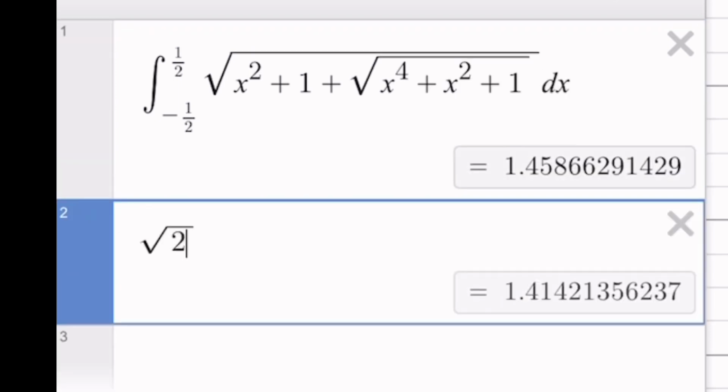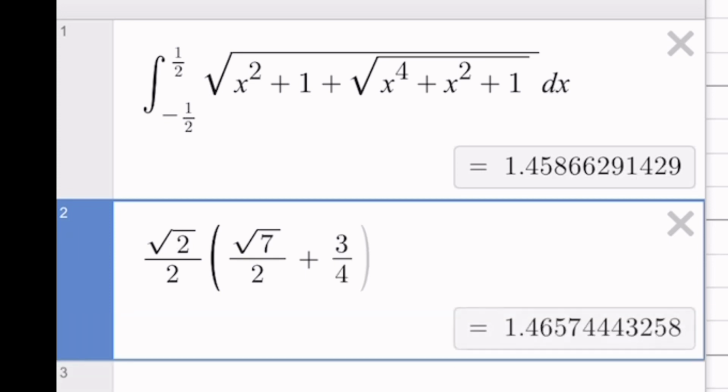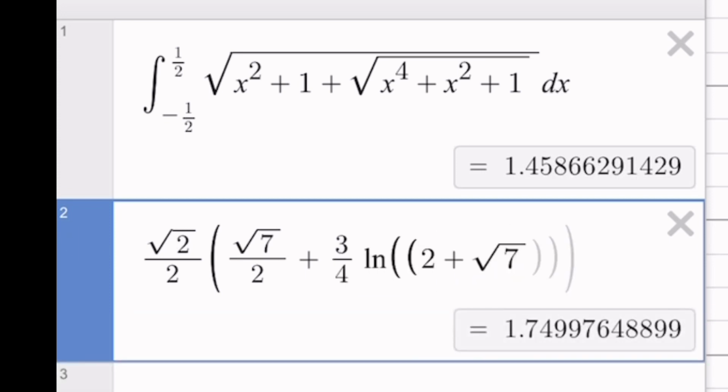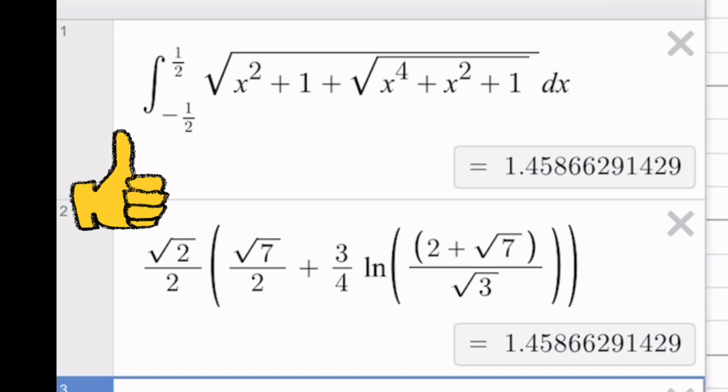We get a decimal value of approximately 1.45866291429. Now entering in our solution that we found. Looks like it's a match. We did it.